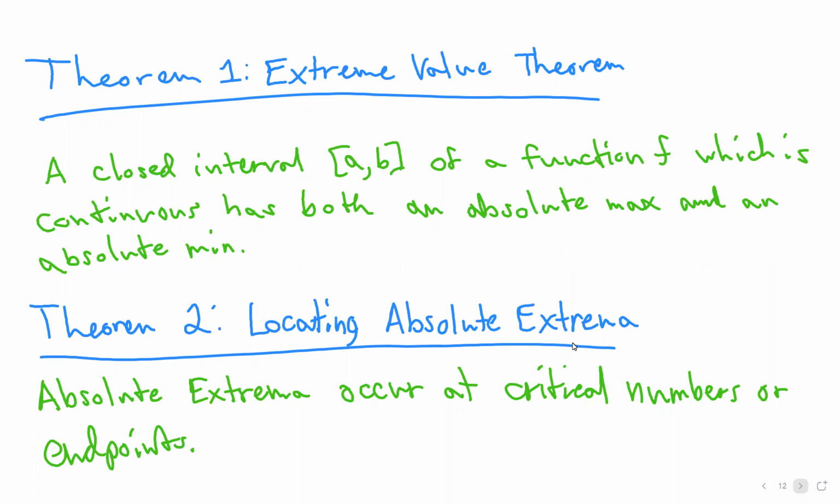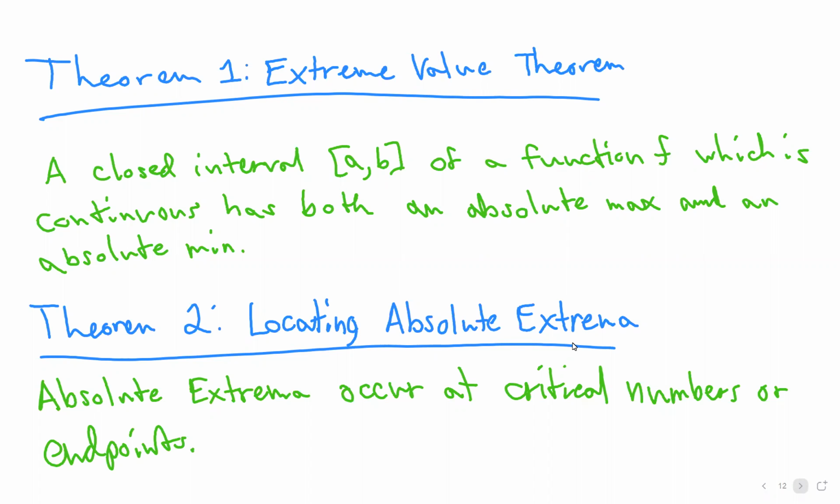And so if you're looking for those absolute extrema, by theorem 2 they would be on critical numbers or endpoints of the interval that you're looking at. Theorem 2 is the locating absolute extrema theorem, basically saying that your critical numbers or your endpoints are where those absolute extrema will occur.